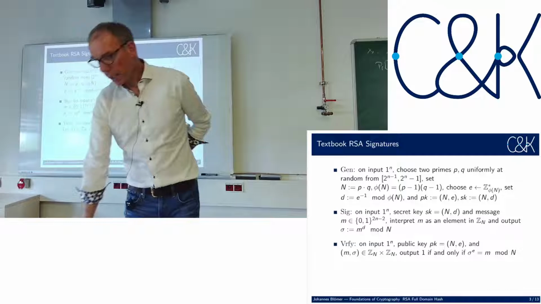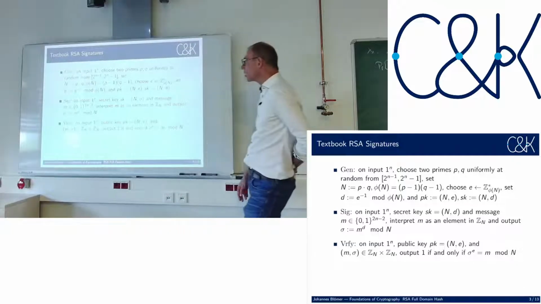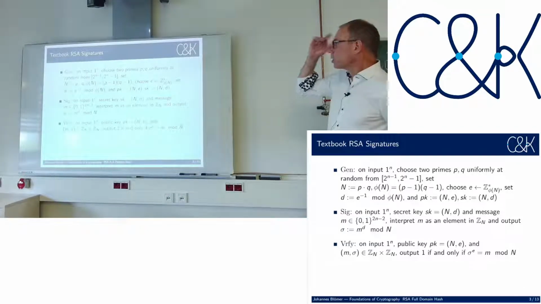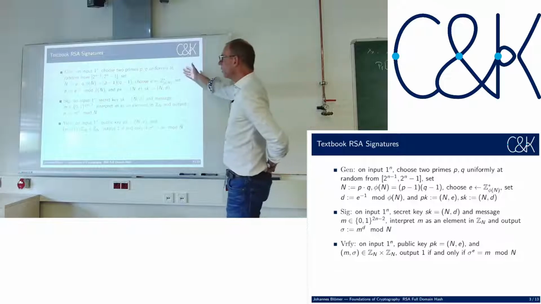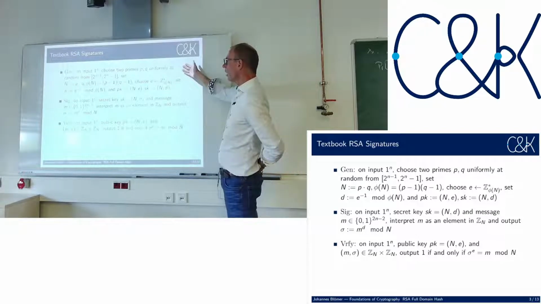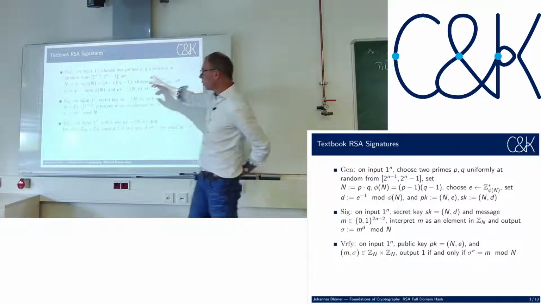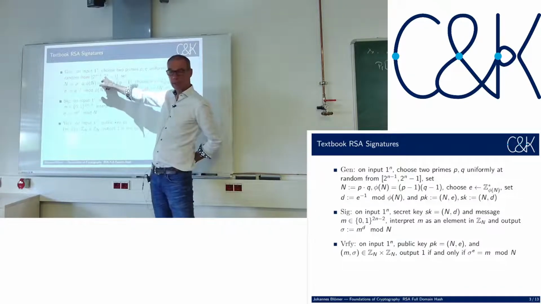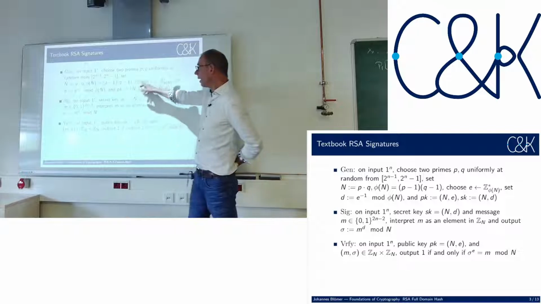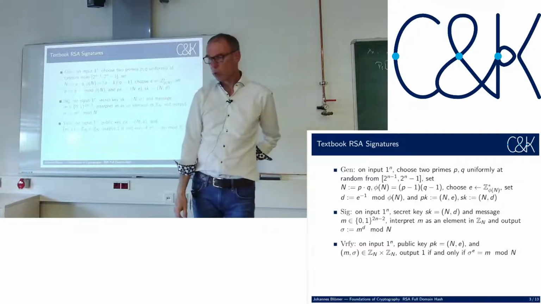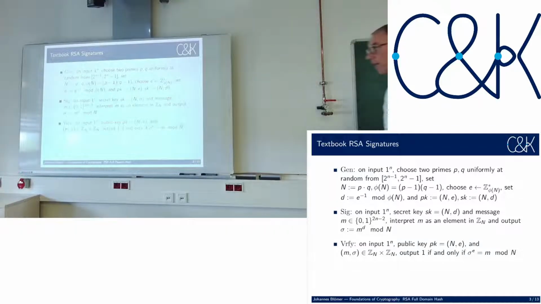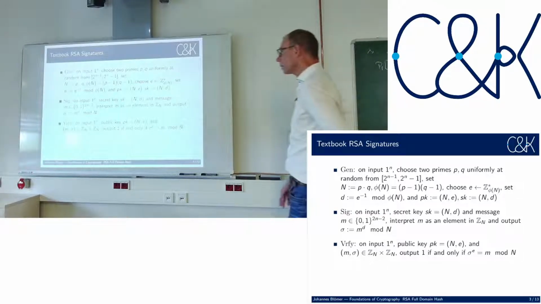Now let's go back to this textbook RSA signature. We assume that for textbook RSA signatures there is a key generation algorithm that on input 1 to the n chooses two different primes of the same bit length, namely of bit length n. It sets N to be p times q, and then phi of N, as we can prove, is (p minus 1) times (q minus 1).